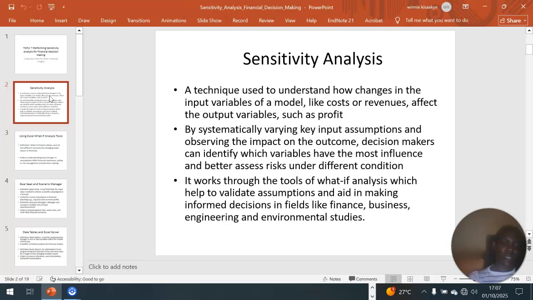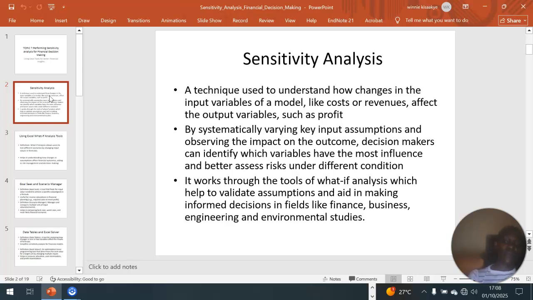If you incur more costs, how is it going to affect your profit? If you generate more revenue, how is it going to affect your output? Of course, if you generate more revenue, that will be high profit. If you incur much costs, that will be a loss.